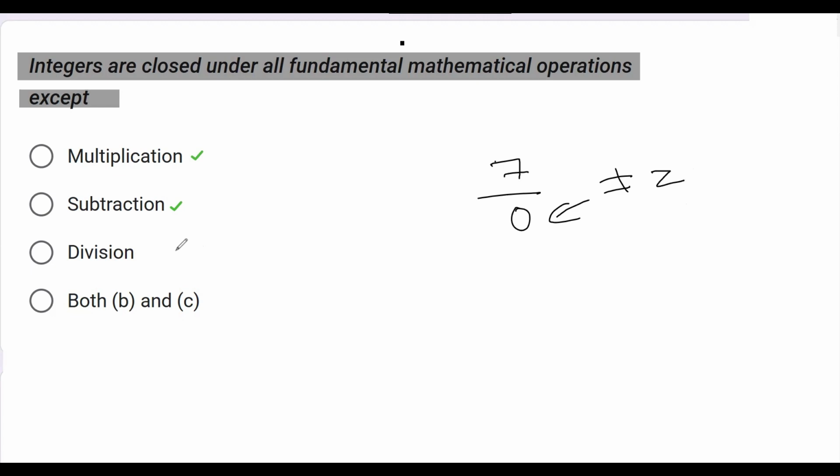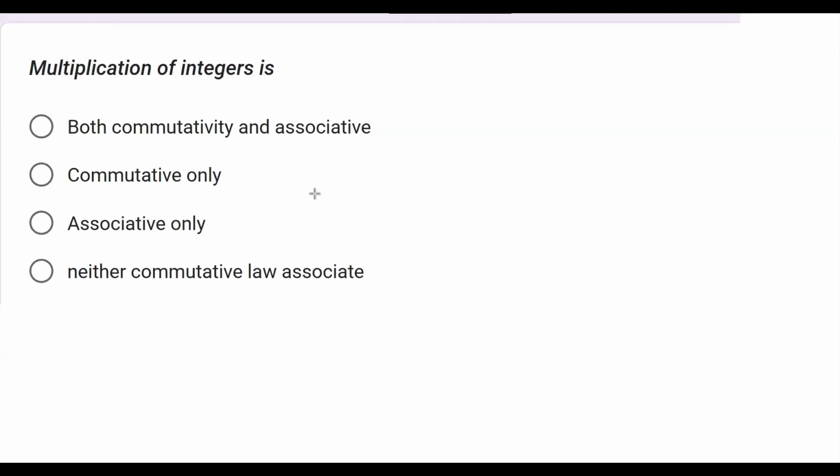So we'll say that division is one such mathematical operation where the integers are not closed. As for the question, the correct answer is this option, because we have to look for one such mathematical operation where the integers are not closed. So division is the correct answer.